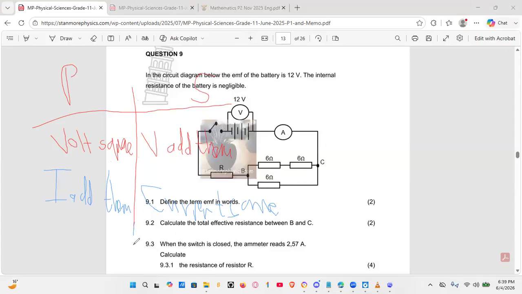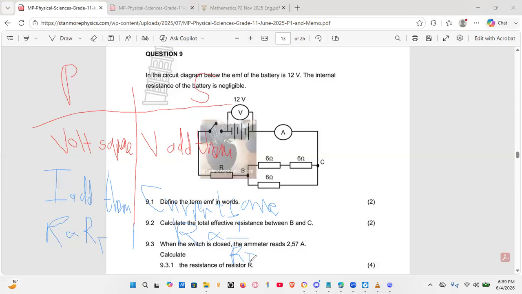It goes up. So here we can say R, the resistance, is directly proportional to the total resistance. And then here we can say the total resistance is inversely proportional. So the more resistors I add, the more I decrease it. That's an inversely proportional relationship.